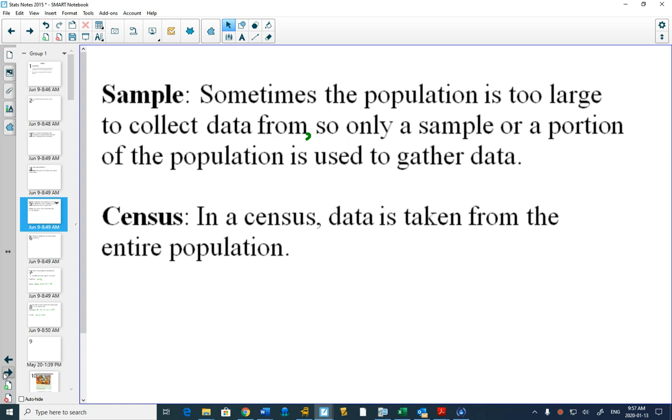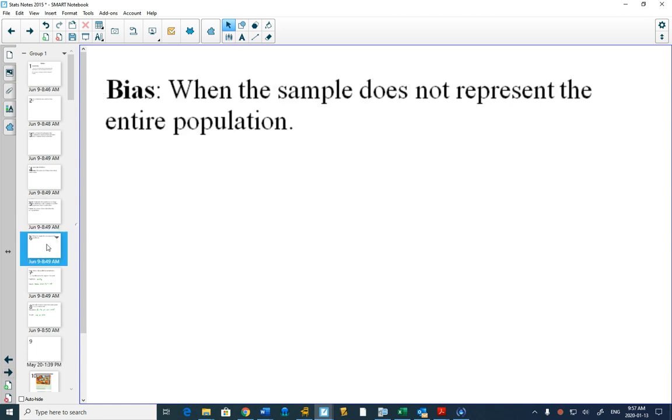Every so often, Canada does a census. And every adult in Canada has to fill out the form to get data for Statistics Canada. But what if they don't want data? Bias. When a sample doesn't represent the entire population.